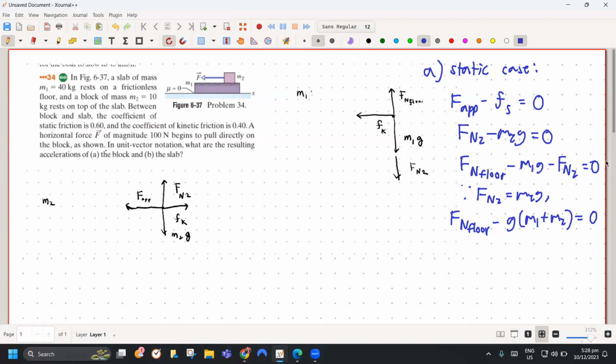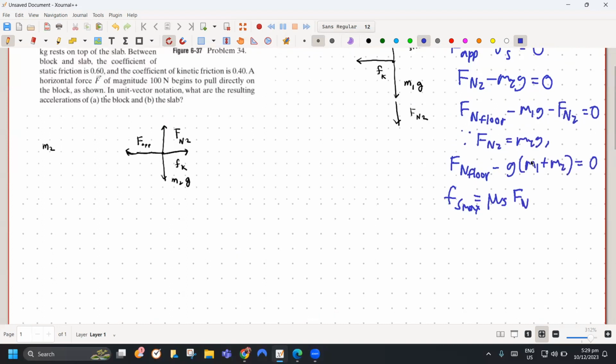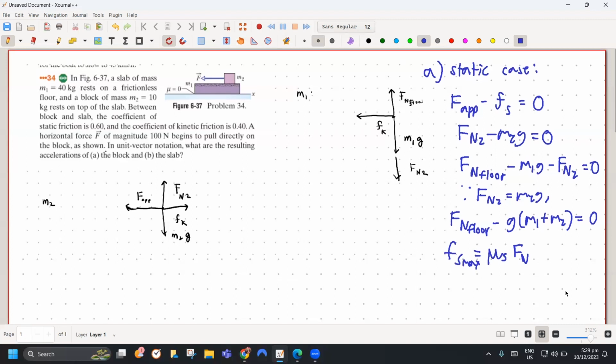Yung mu s Fn2 is mu s times M2G, which is 58.9.